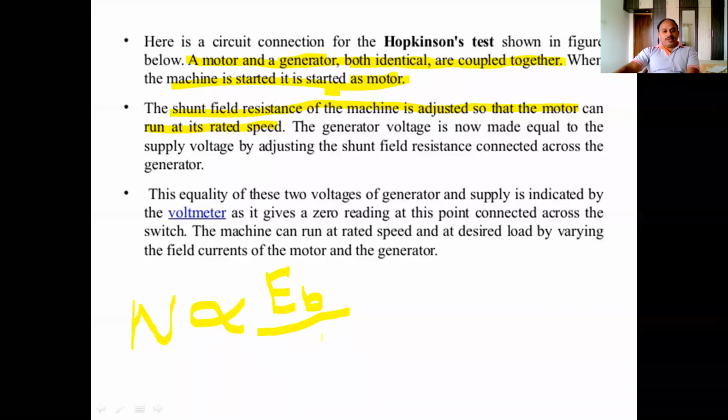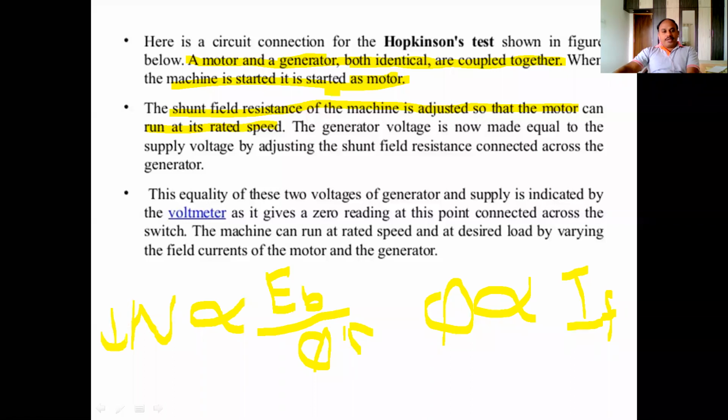Flux is proportional to field current. If you vary the field current, flux varies, which means speed also varies. If flux increases, speed decreases. If flux decreases, speed increases.